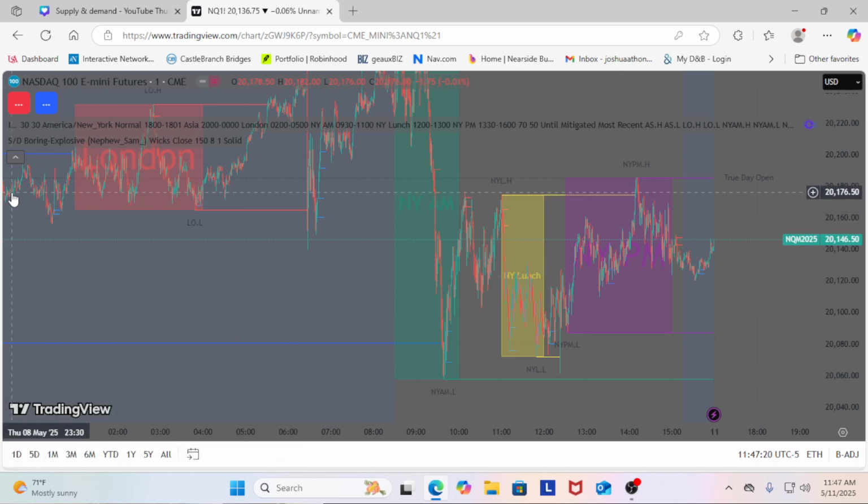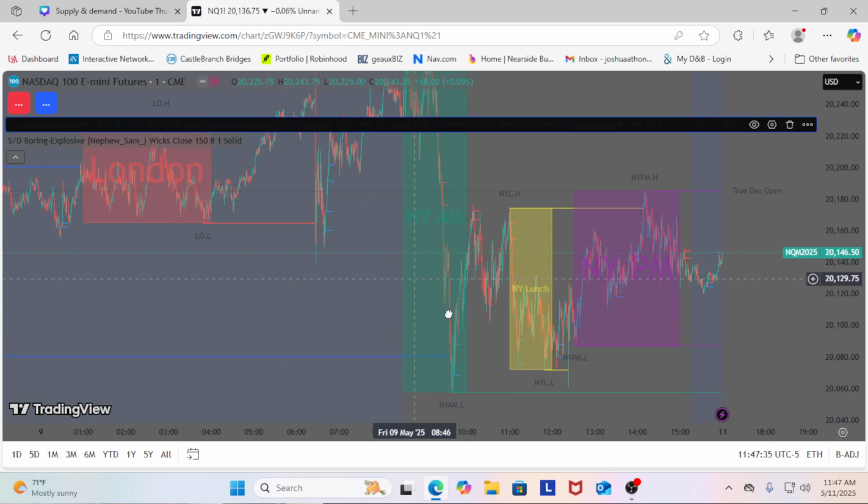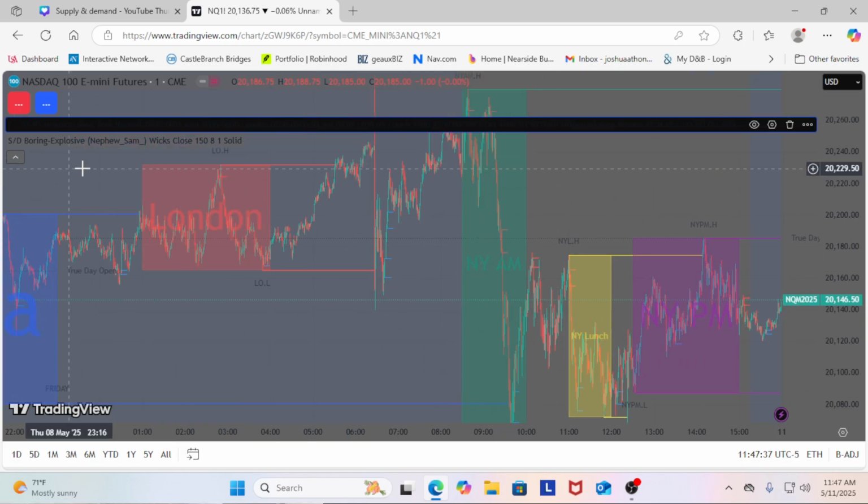You have to do S, put a space, then the dash, then a space, and a D, and then boring dash explosive. So that is it. I'm going to leave it up here for a few more seconds so y'all can get it. S/D space boring explosive, and then you don't have to type in the rest because it'll automatically come up.